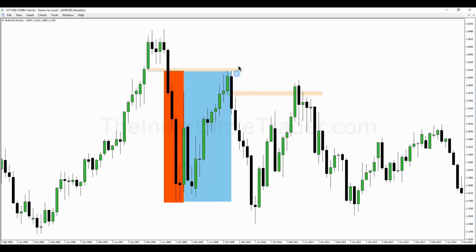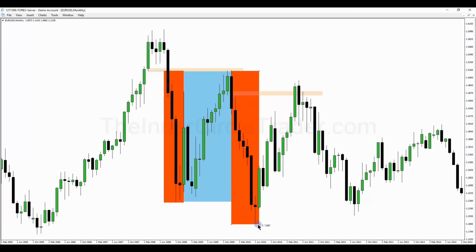Then once it gets to this point here, we're looking for what? The stops below these lows here. So we would see institutional order flow swing to the downside. Now notice what's happening again. The bodies of the candles are violated with this down candle here.